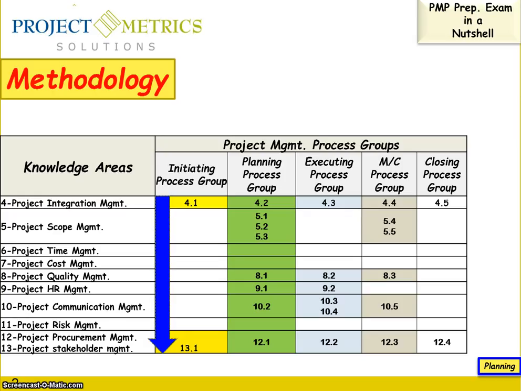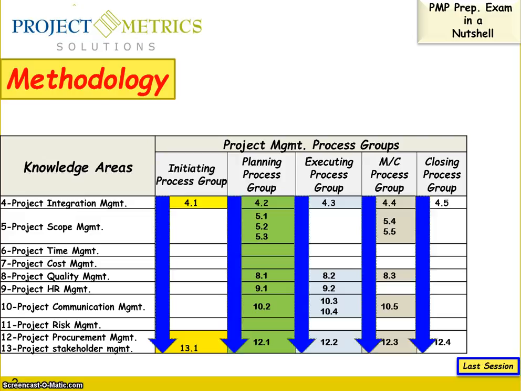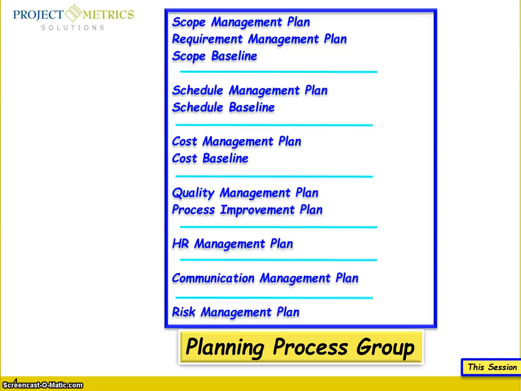Our methodology starts with the initiating process group and goes until we finish up to the closing process group. In the last sessions we started to talk about what you need when you accomplish a project. You need a scope management plan, scope baseline, and requirement management plan.